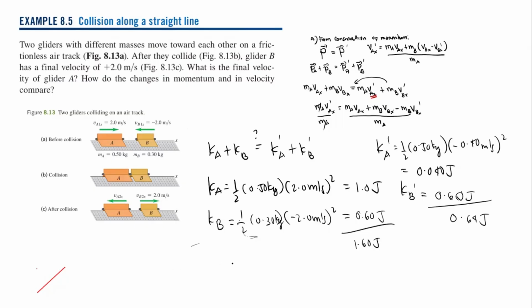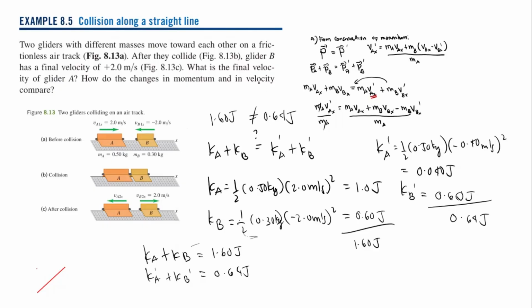So Ka plus Kb is equal to 1.60 joules, and Ka prime plus Kb prime is equal to 0.64 joules. Meaning the total initial kinetic energy, 1.60 joules, is not equal to 0.64 joules.